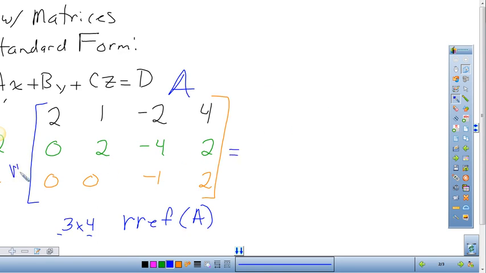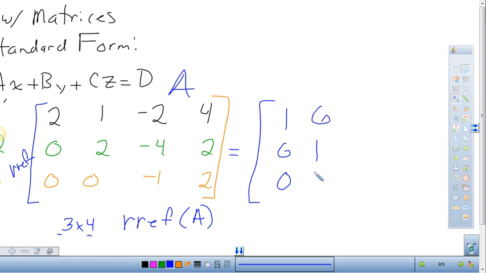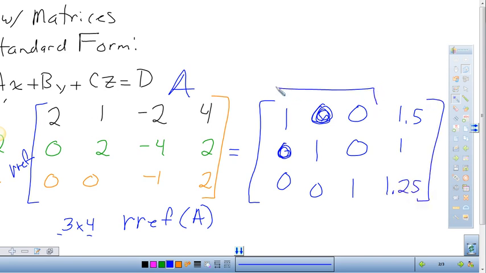So once you RREF this, you're going to get a matrix that says 1, 0, 0, 0, 1, 0. My zeros are looking like 6s, I am so sorry. 0, 0, 1, and then 1.5, 1, 1.25. This part right here is an identity, which we talked about that first day a little bit.